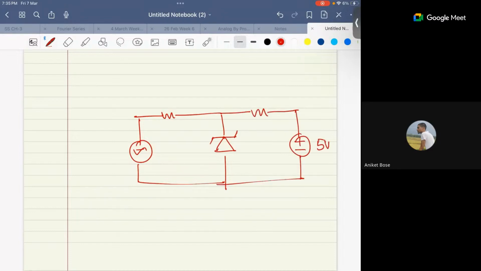If this is short circuited, 50 ohm, there is a current. V input is more than 5 volt. Now the Zener diode will work in which state? For that, we have to calculate the voltage at that node. So we need to first calculate the current, and then using the voltage drop, we can find the node voltage.